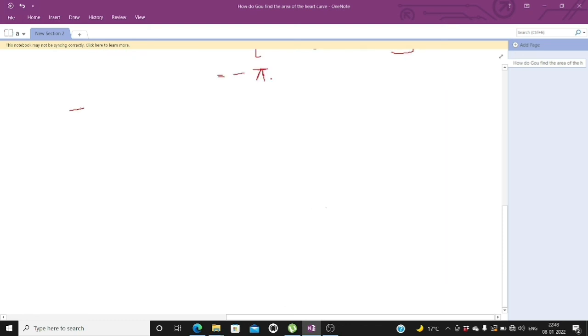Okay. So if we calculate, the total area will be something like this: 2 times the first part, our blue part, that is pi by 2, and 2 times the red part, that is the modulus of minus pi.